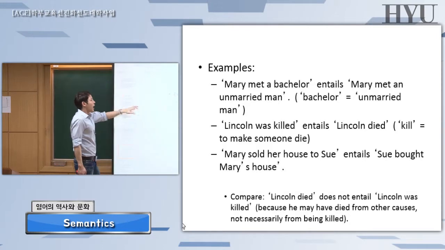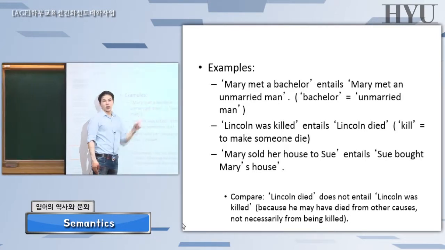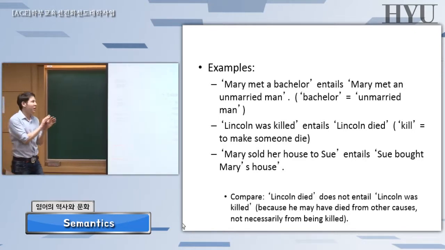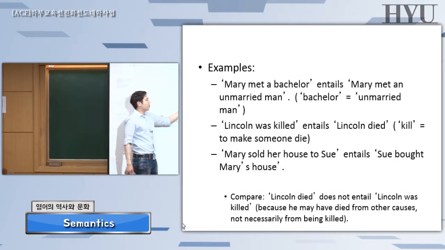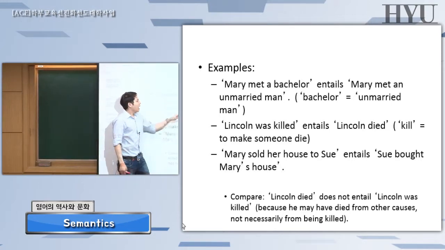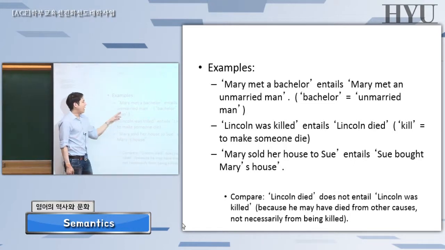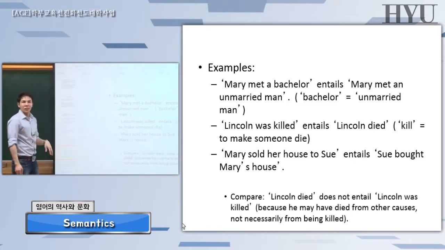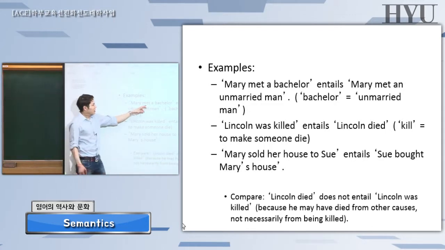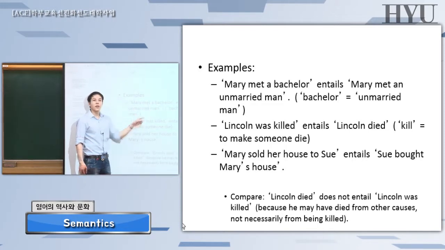If you look at this one, Mary met a bachelor. Mary, the name of a female, met a bachelor. This sentence entails Mary met an unmarried man. Why is that? Because the word bachelor here overlaps with unmarried man.